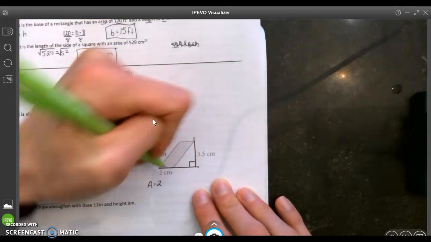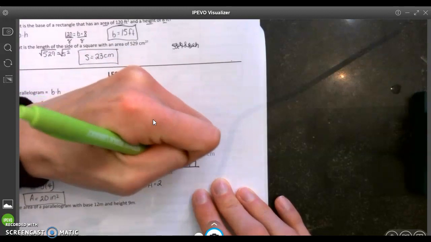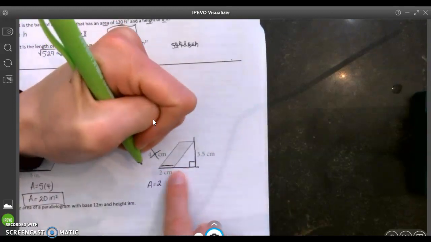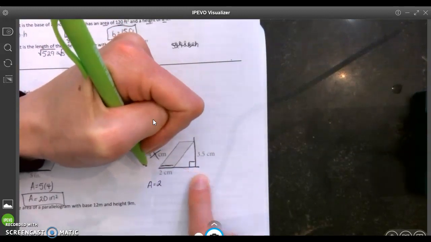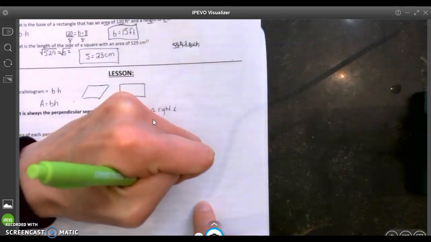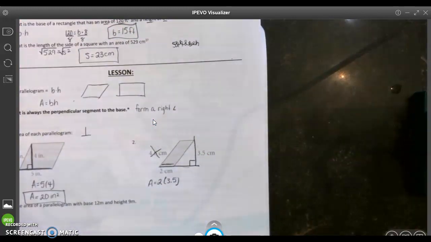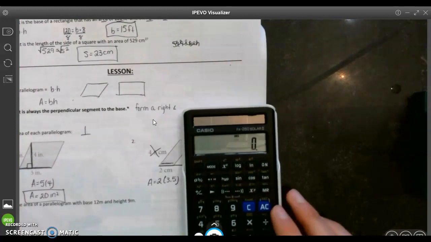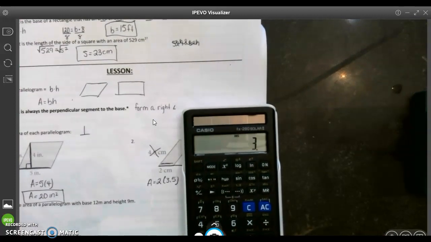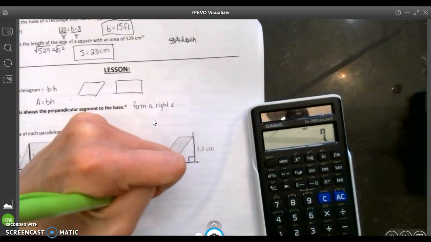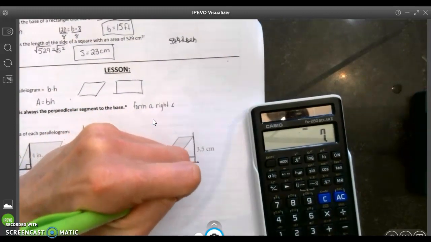Base is 2. This is just the base right here. We don't care about this over here. That just extends out to make that perpendicular. And the height is 3.5. It's okay to get decimal answers. This actually won't be. 2 times 3.5 actually gives us 7. But if it were a decimal answer, that would be fine. So area equals 7 centimeters squared.